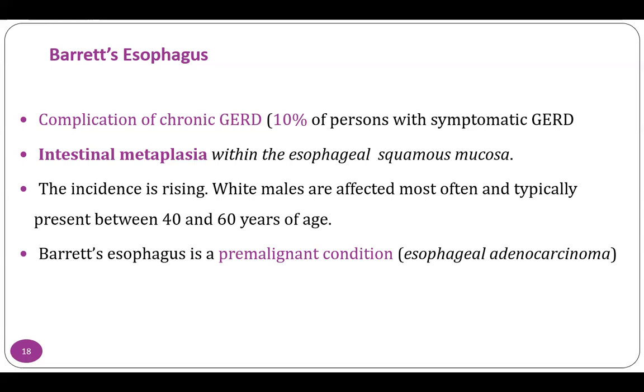adenocarcinoma. Just remember that not all the cases of reflux disease go into Barrett esophagus. Very minor number of these cases. So not any reflux disease goes into Barrett esophagus, and not each Barrett esophagus goes into an adenocarcinoma.